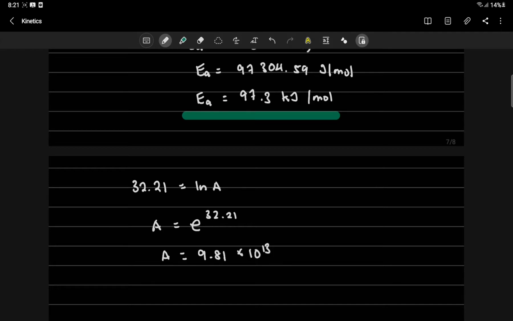What should be the unit? Inverse minute. Kasi minutes yung ating rate constant according to our data in this problem. So this is now our collision frequency.